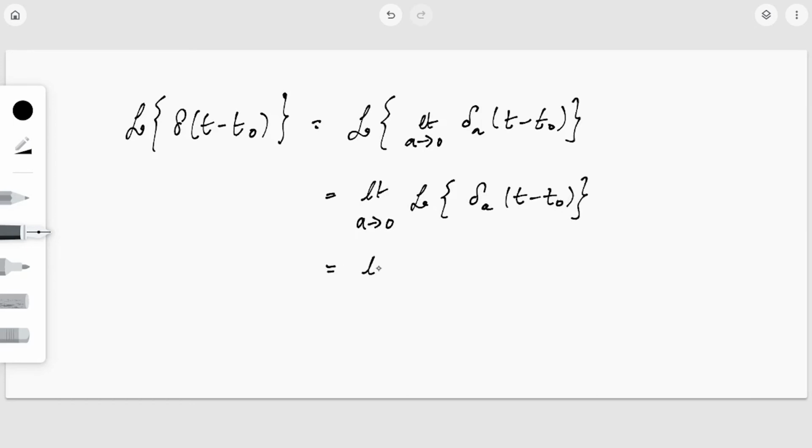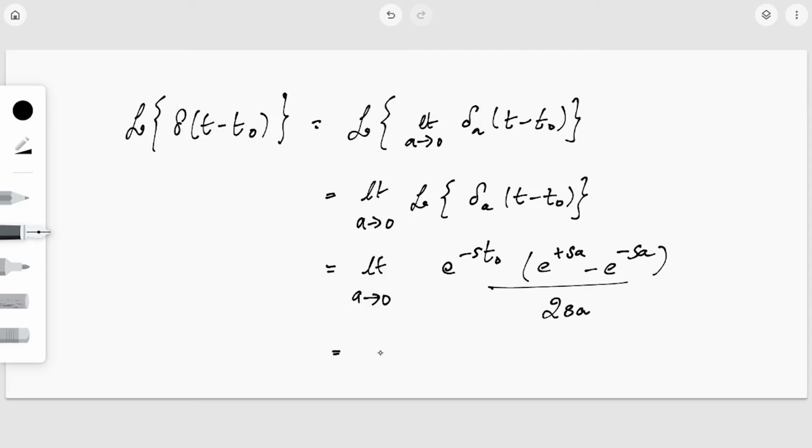So this is equal to limit a tends to 0. What was the Laplace transform? e raised to minus st dot times e raised to sa minus e raised to minus sa, divided by 2sa.